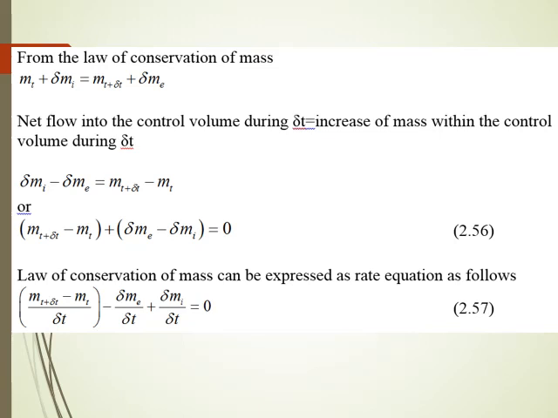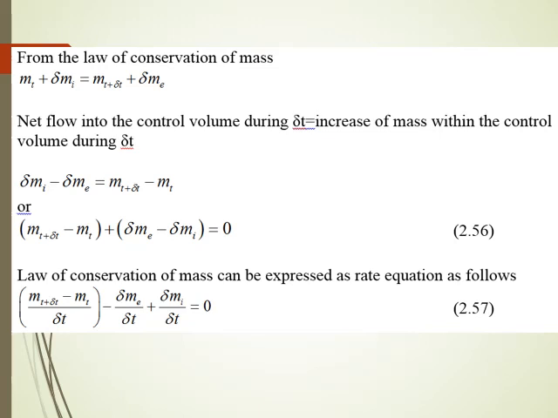That is, delta m_i minus delta m_e is equal to the increase of mass within the control volume, that is m_(t+delta t) minus m_t. So that can be written as m_(t+delta t) minus m_t plus delta m_e minus delta m_i is equal to 0.